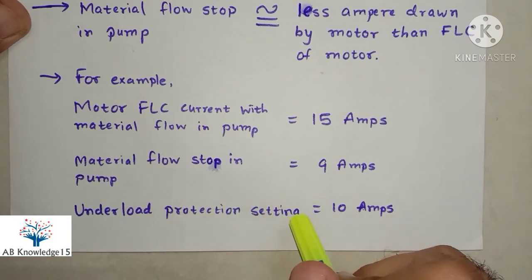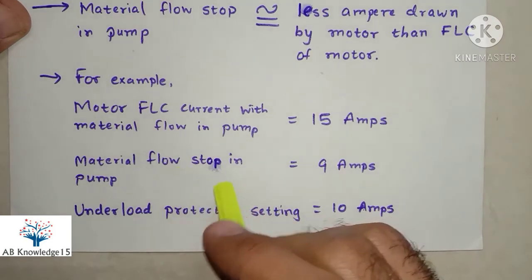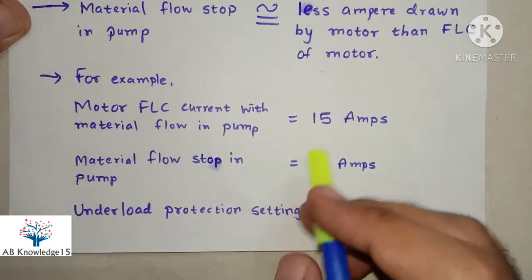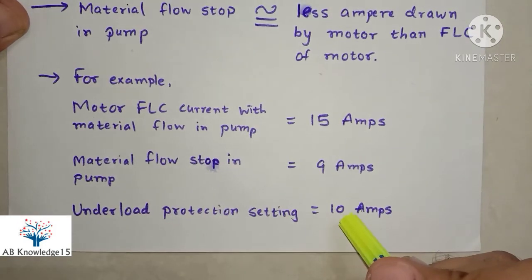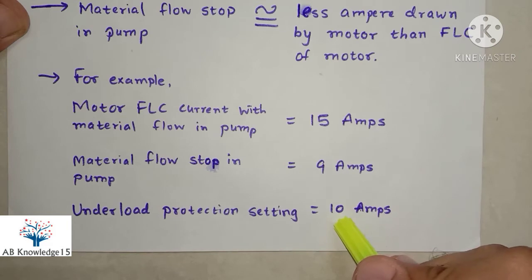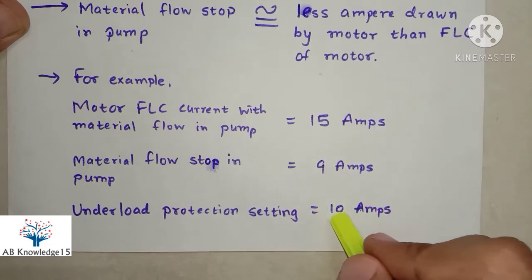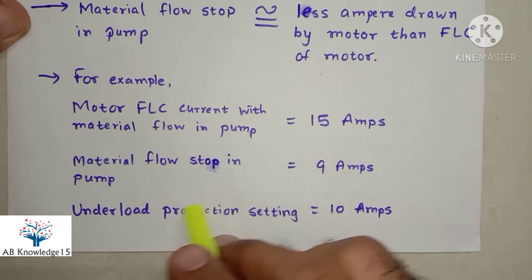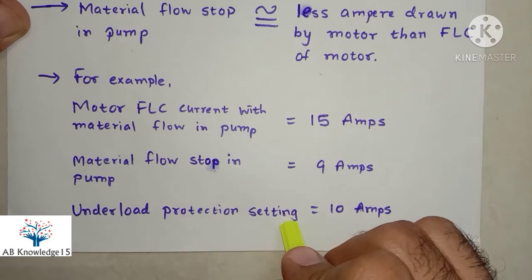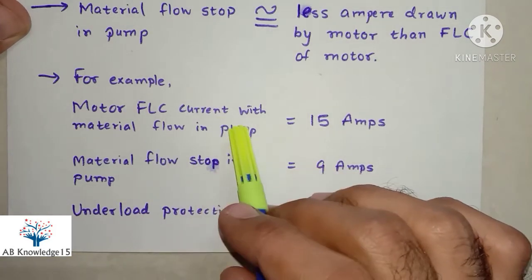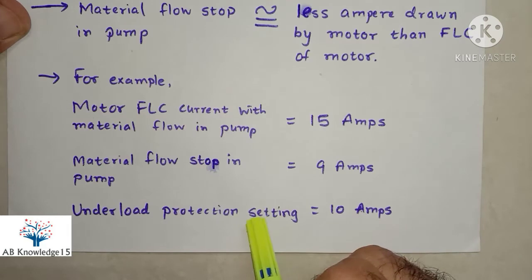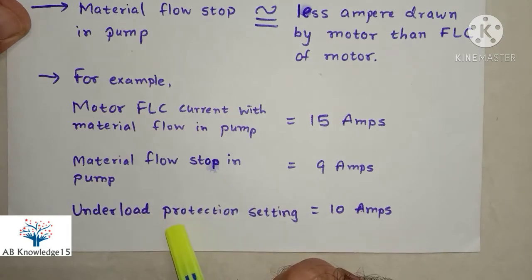By setting 10 amperes, if the material flow is stopped, then the current will go below 10 amps. Means we have set 10 amps as the limit for the underload protection setting. So in this situation, the motor will trip on the underload protection.